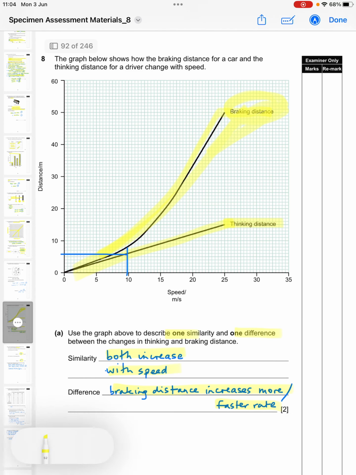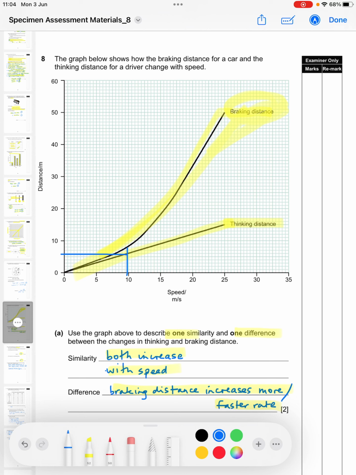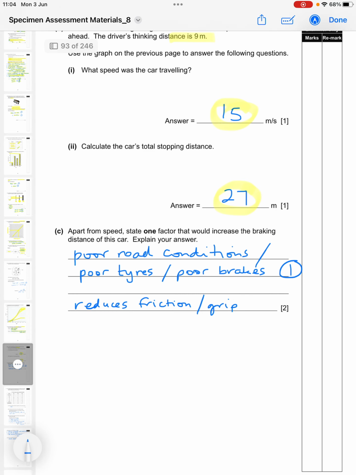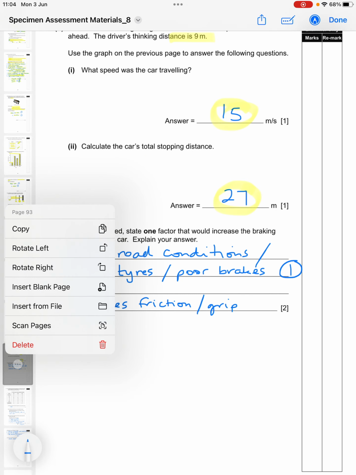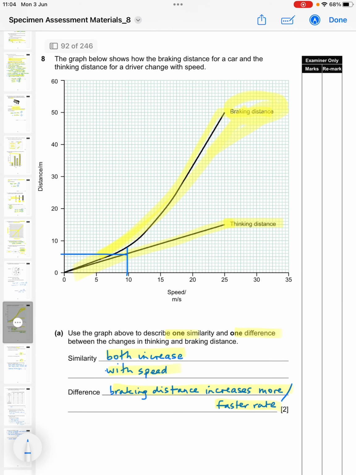If we go back to the graph, so we've got the thinking distance, and sorry, I've forgotten, it was at 9 metres. No, I've done that the wrong way around the last time, that's what it is.